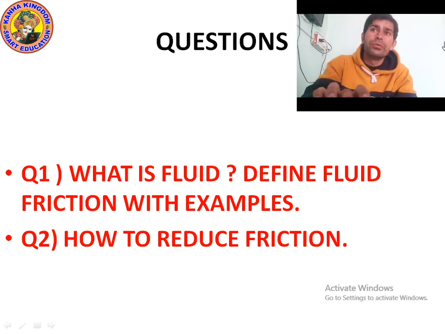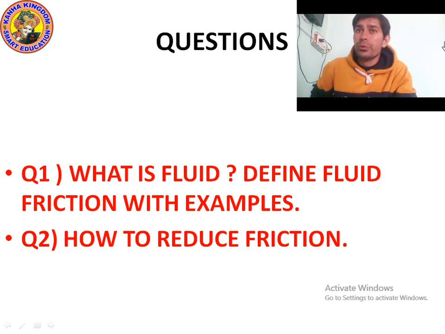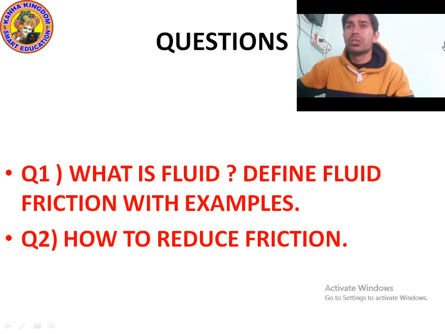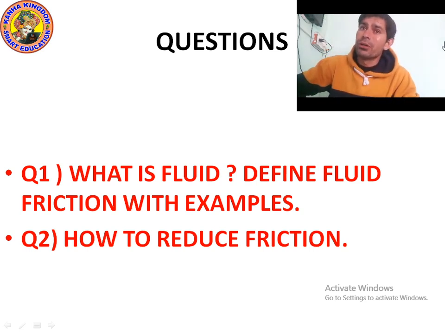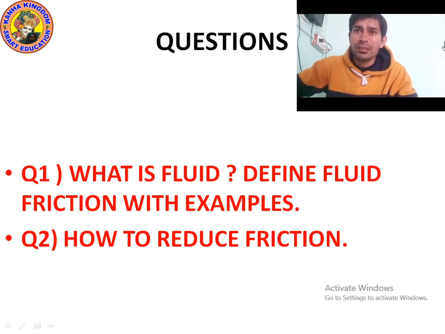What is fluid friction? Fluid friction is the force of friction exerted by liquid and gas on objects moving through them. For example, birds fly in air. They have a streamlined body, so it reduces friction, so they can easily fly. Fishes living in water can swim. They have a streamlined body which reduces the friction.